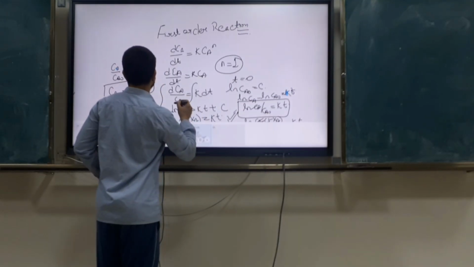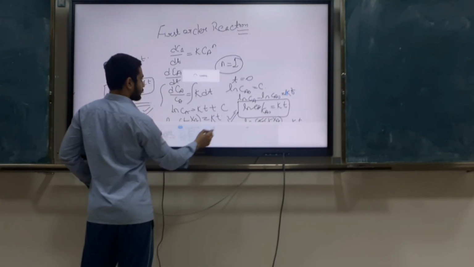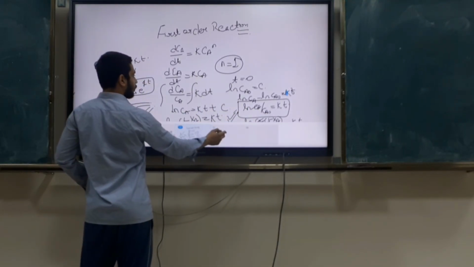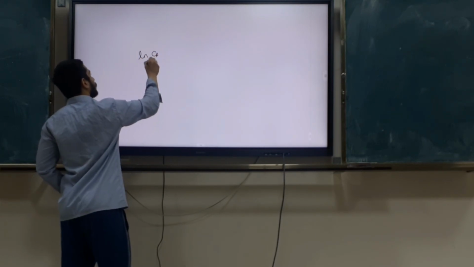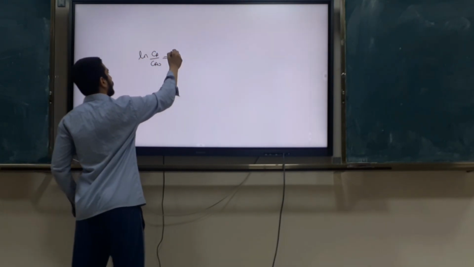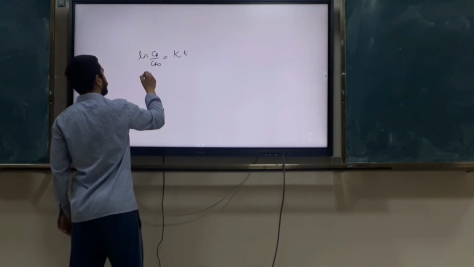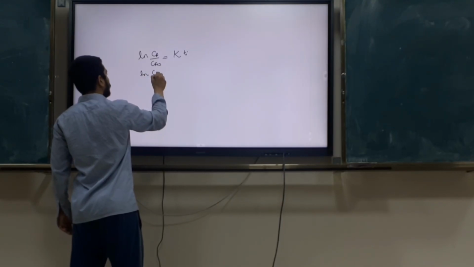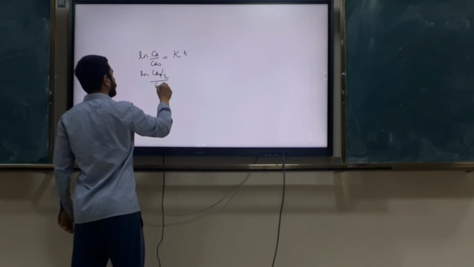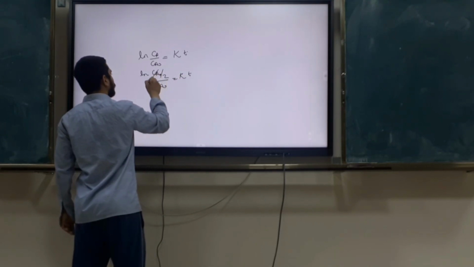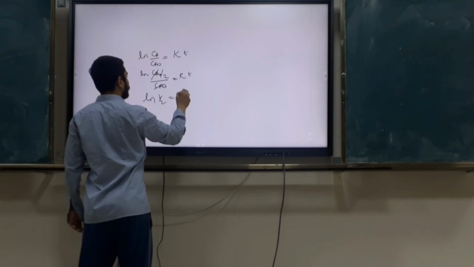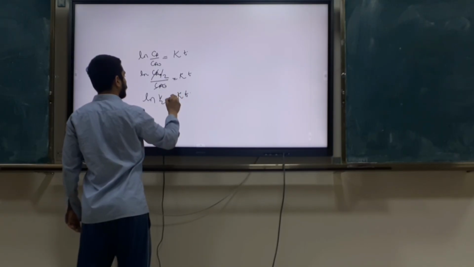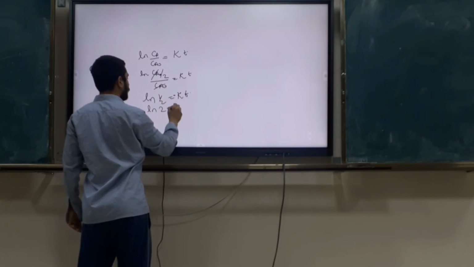The equation which is there is ln Ca by Ca naught is equal to Kt. For the half life, Ca will be Ca naught by 2, so ln of Ca naught by 2 upon Ca naught is equal to K into T. So ln 1 by 2 is equal to Kt, there will be a minus, so ln 2 is equal to Kt.